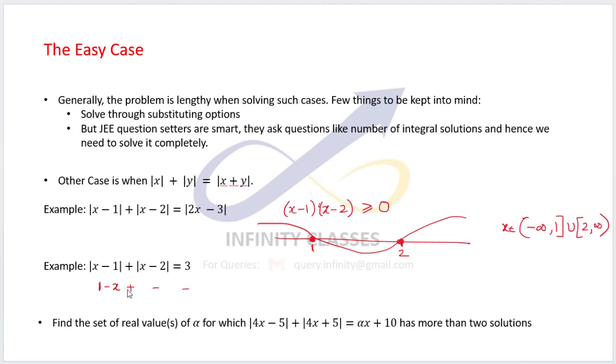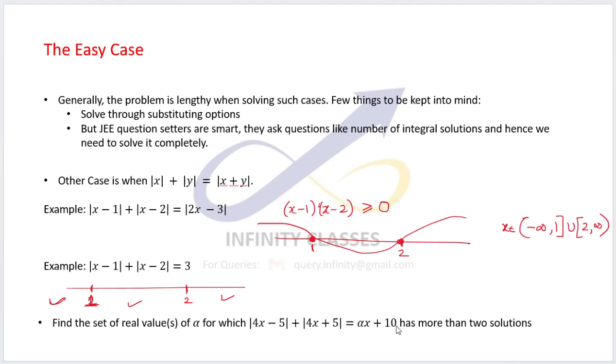Now, this I need to actually express properly in the broken form altogether. I have to break the intervals into 1, 2 and solve it properly, making three cases: this case, and this case. That's it.